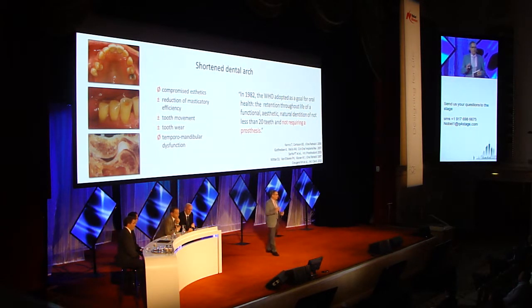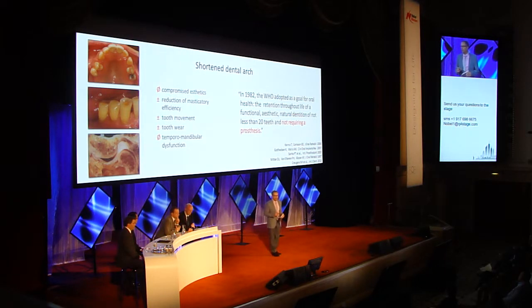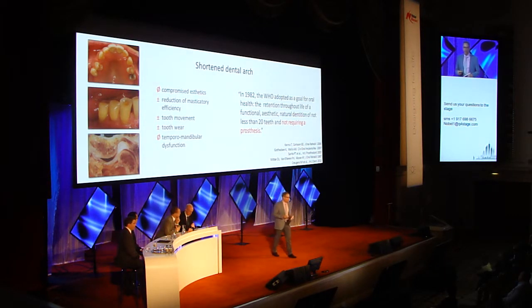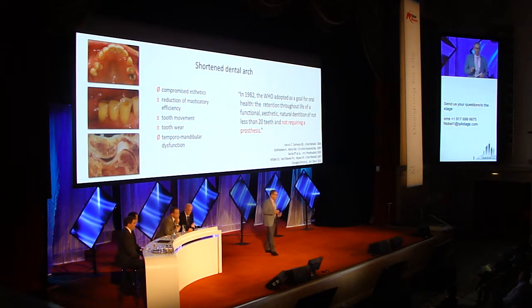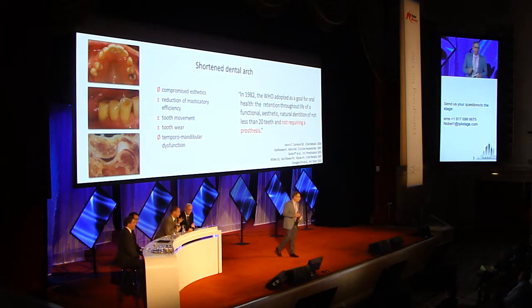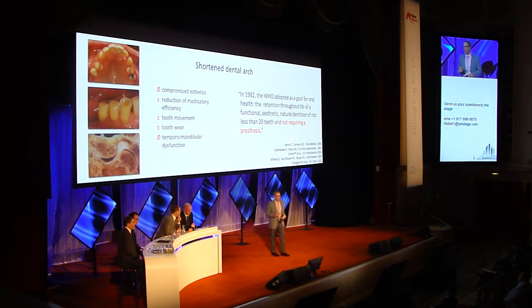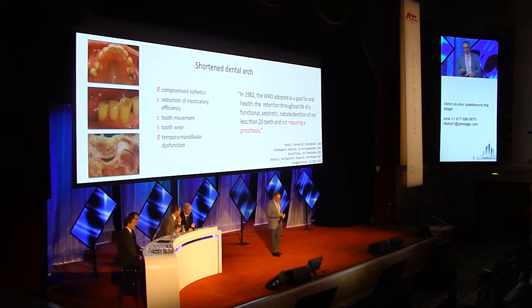And despite some slight changes in the TMJ, those patients do not suffer more dysfunction than the fully dentate subject. It is why the World Health Organization has adopted as a goal for oral health the retention of not less than 20 teeth without any prosthetic appliance.